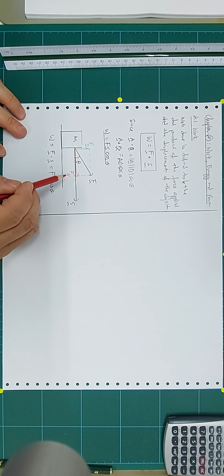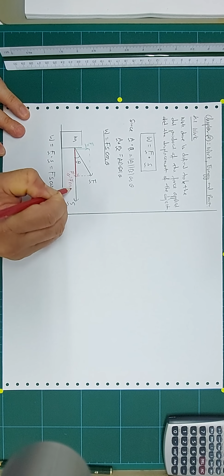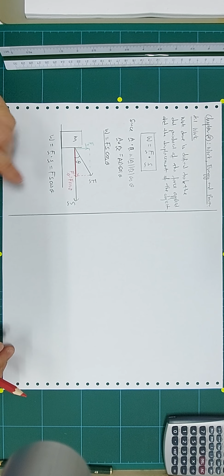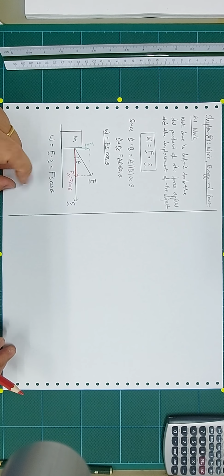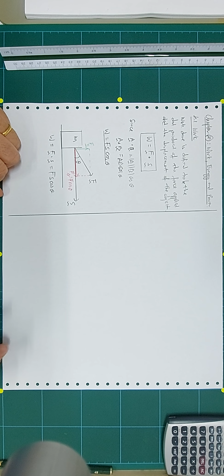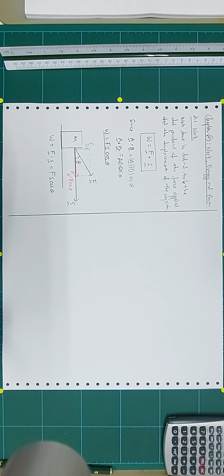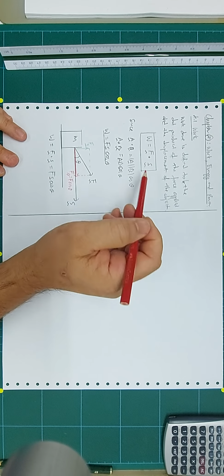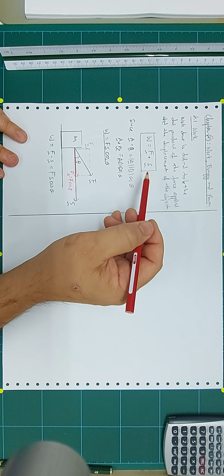Now, this component F parallel is equal to F cosine theta. So your work done last time was said to be force multiplied by displacement, so it is this component of the force multiplied by this displacement, which gives you this. But that is not an entirely correct definition. The correct definition is the dot product definition. Since you haven't learned dot product in Form 4, they use that lower level definition. Now you already learned dot product in Chapter 1 or 2 in your Term 1, so you are supposed to use this already.